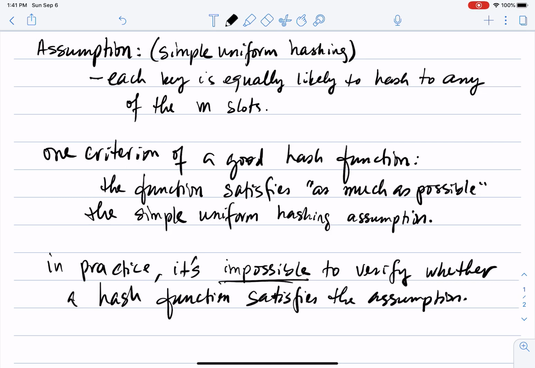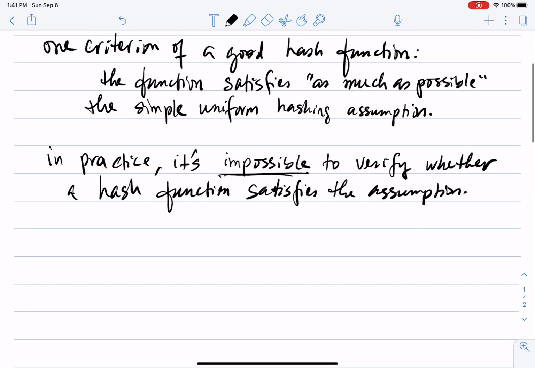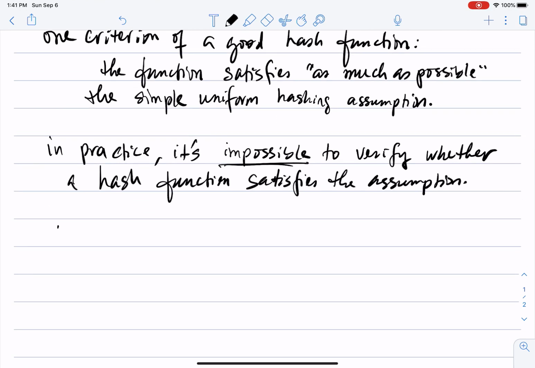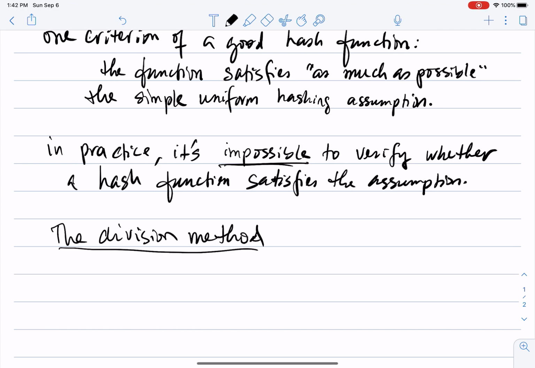But they are heuristic functions, and one of them is what we call the division method, where we divide the key by some value, and the other one is the multiplication method, where we multiply the key by some value.